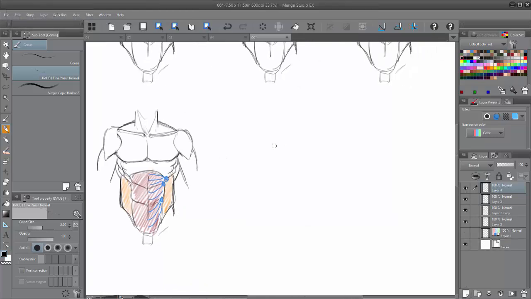So if I was to draw a guy hunched over, for example, this would be my stick figure of the guy hunched over.